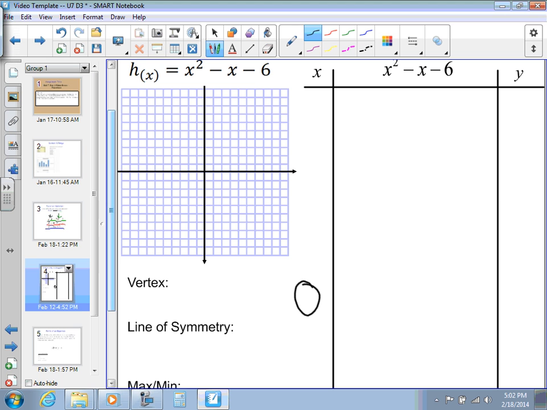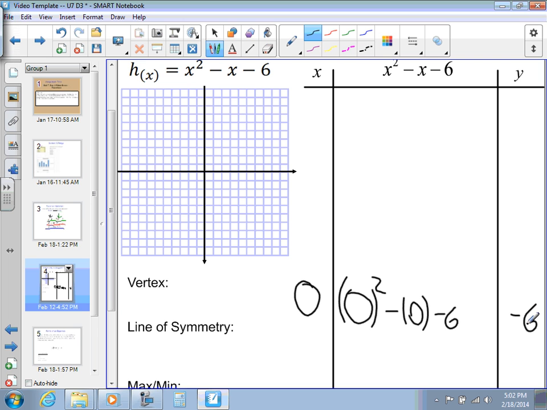So we need to substitute in 0. So we have 0 squared, and the parentheses are just my notation to myself that I'm substituting. Minus 0 minus 6. And when I do that, 0 squared is 0, minus 0 is still 0, minus 6 gives me negative 6.